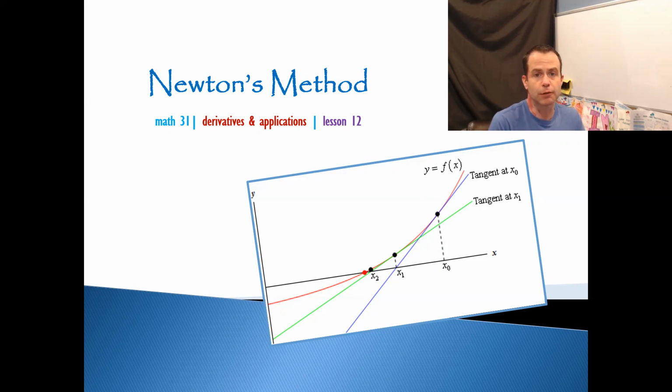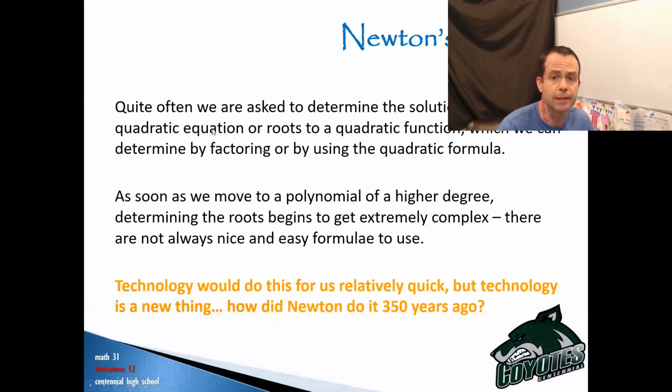So we're trying to figure out, well, how did they do this before they had a graphing calculator where they could just say, hey, what's the root of this equation? Or hey, what's the intersection of these two lines? Okay, and Newton actually was able to derive a very, very clever way to get pretty exact approximations. And that's what we're going to kind of look at today.